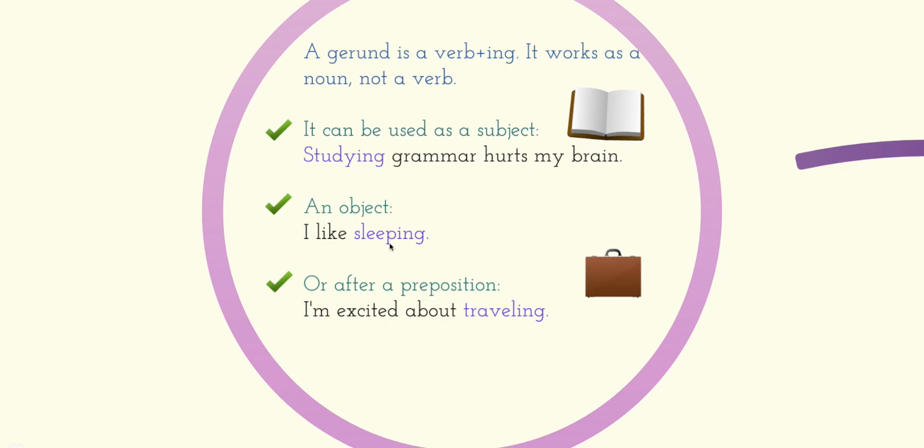You have two verbs together: one verb, in this case like, and then a gerund as the complement. And it's also a noun. Or you can have it after a preposition. This is the last part that we talked about in the previous class. After a preposition, like in this case, about.